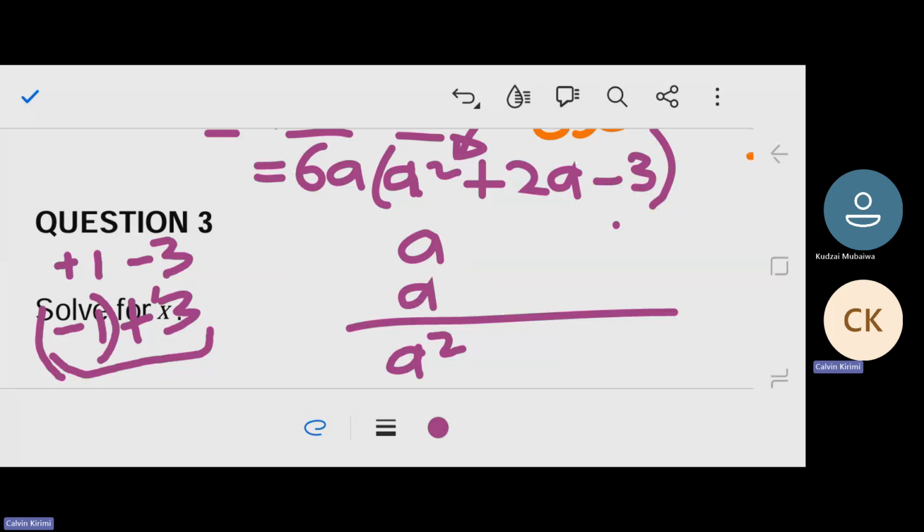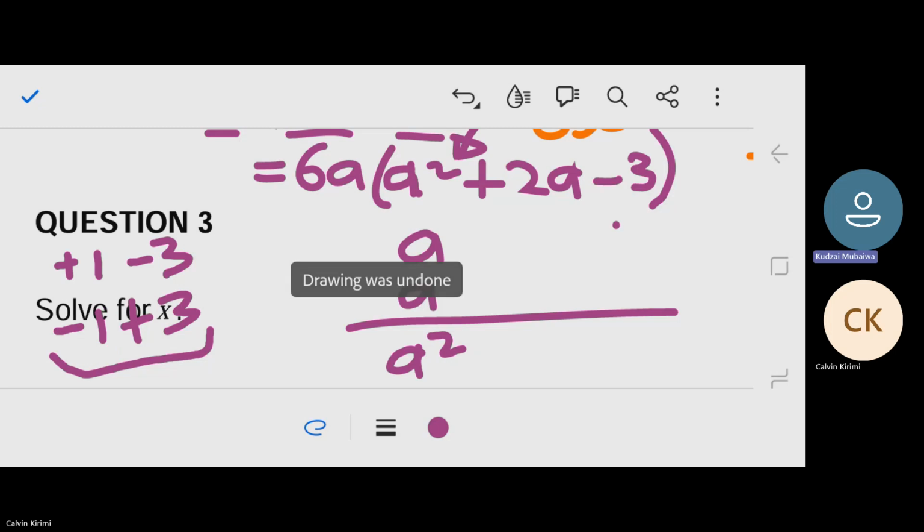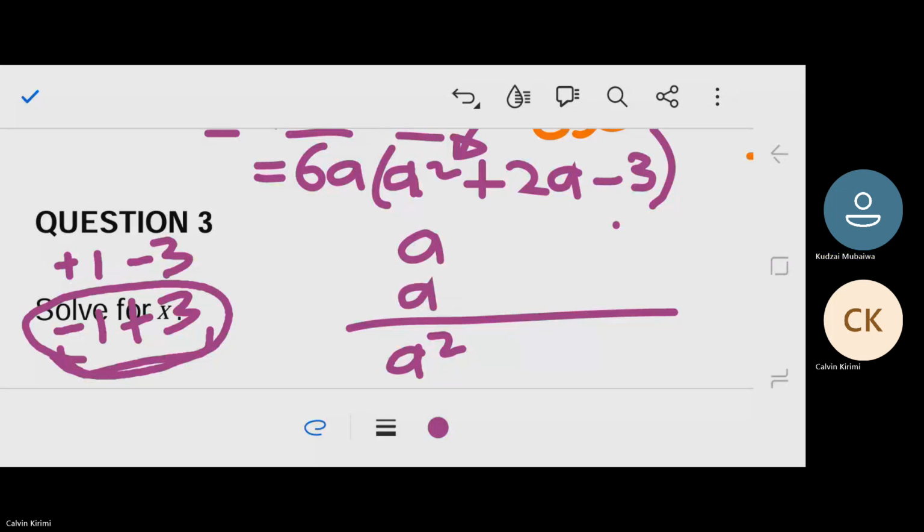If you multiply these numbers, you get -3. What if you add them? -1 plus 3 is 2. Yes, that is the 2.